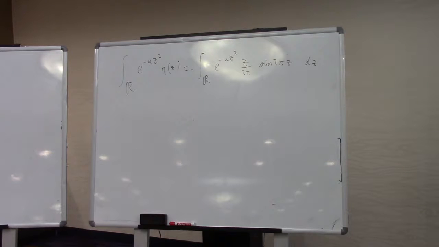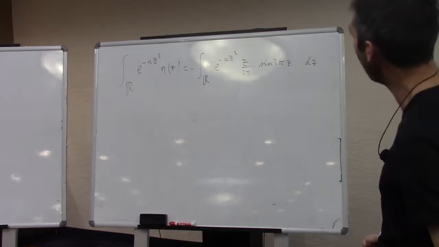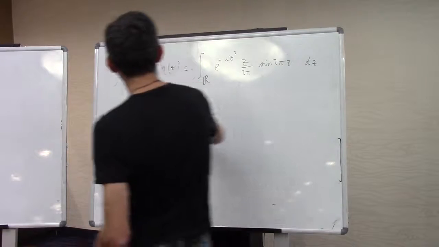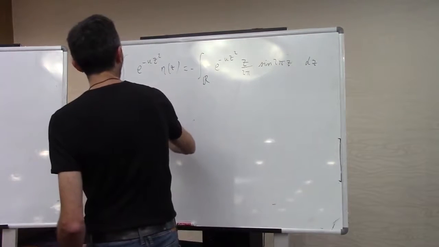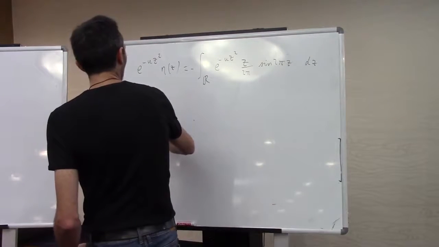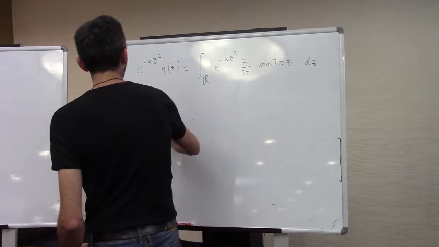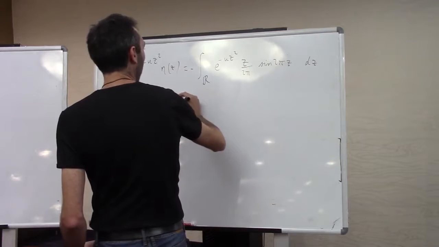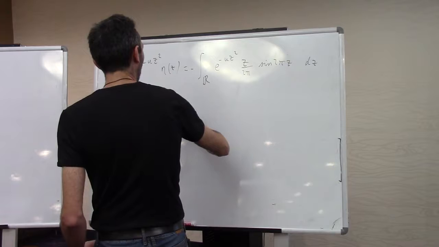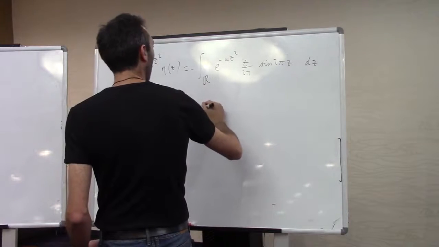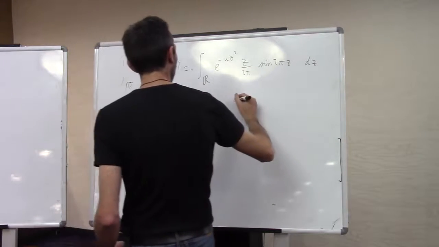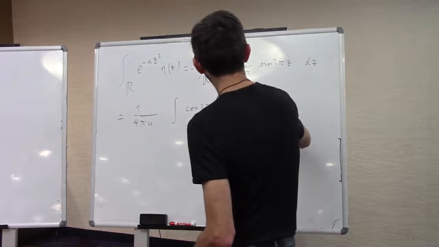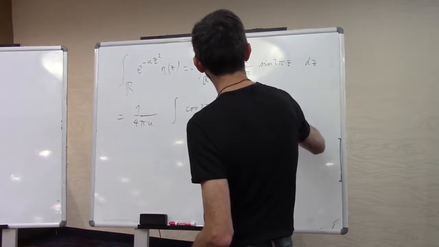Okay. First we shall, I think, integrate by parts one time and see that it is 1 over 4 pi u times the integral of cos 2 pi z exponential minus u z squared dz.